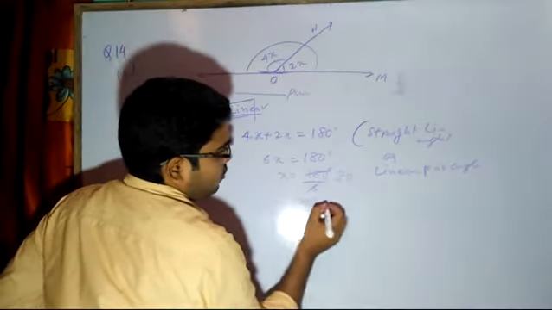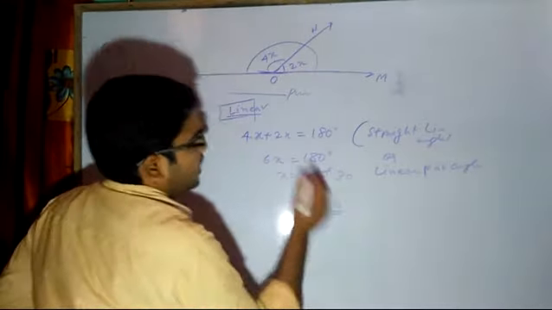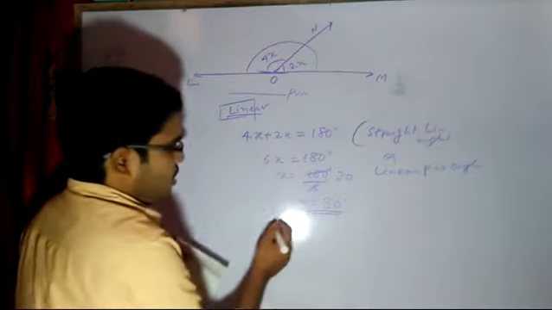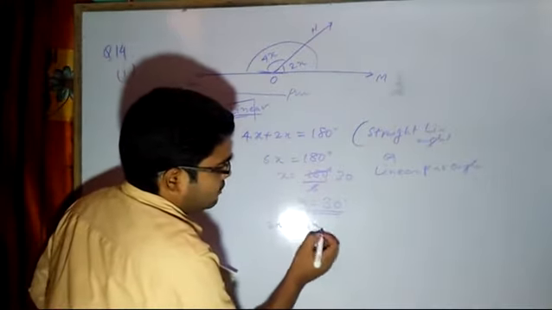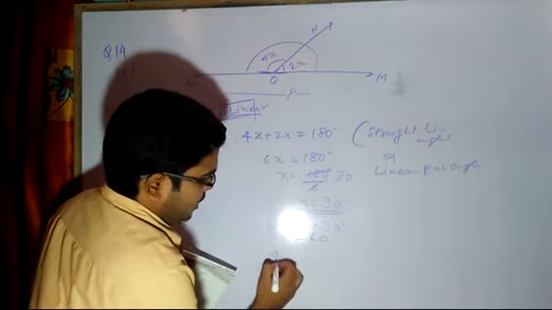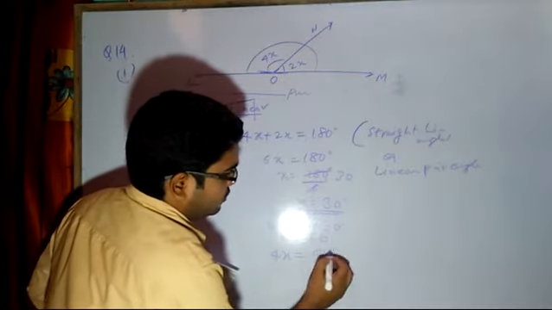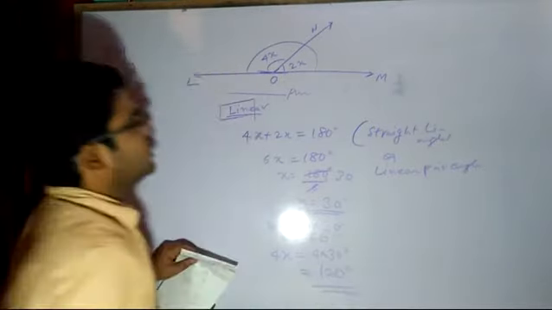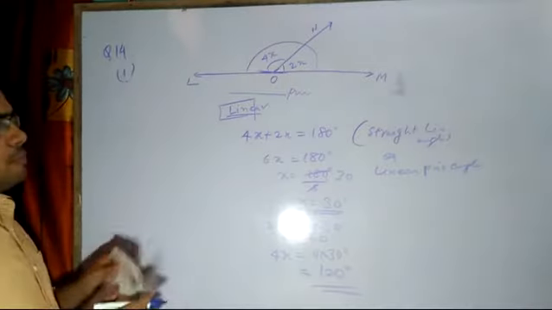Therefore x is equal to 30 degrees. If I have to find 2x, then it will be 2 into 30, which is 60 degrees, and 4x will be 4 into 30, which is 120 degrees. In this way we will solve question number 14, subpart 1.